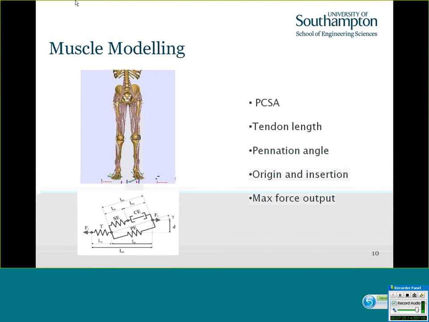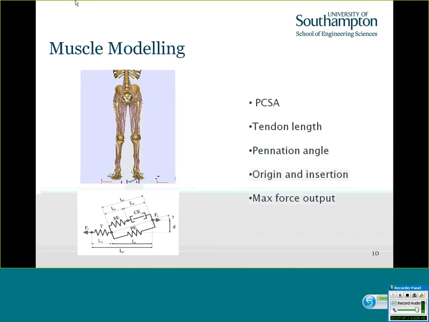Now, once you've had a scaled model set up, you then look to add a muscle model system. And for this, AnyBody uses the Klein Horsman muscle data set of over 300 muscles in the lower body in the TLEM model, which is a very nice application.